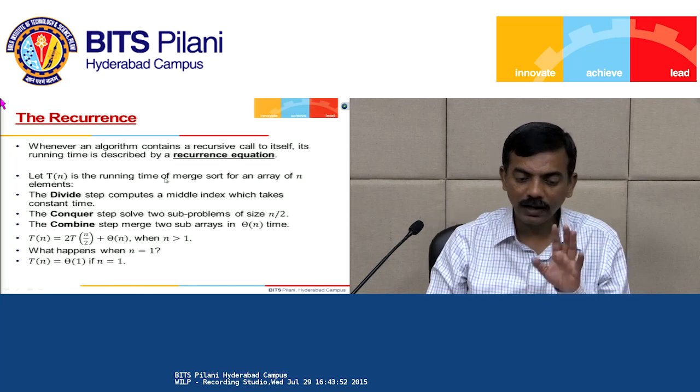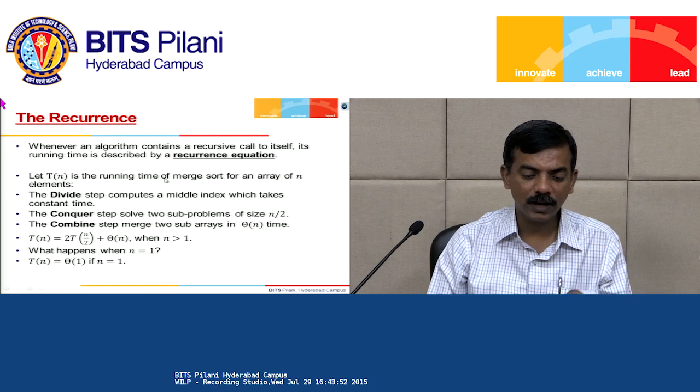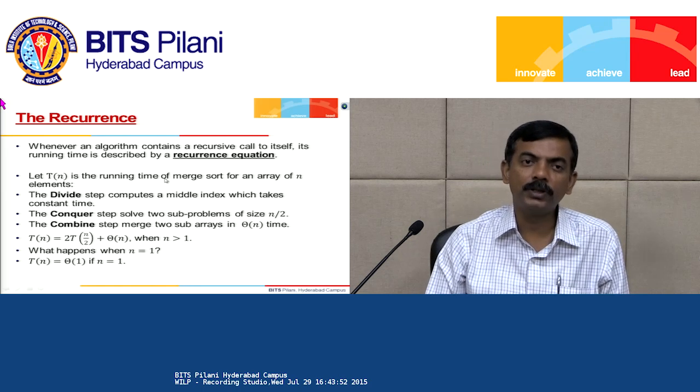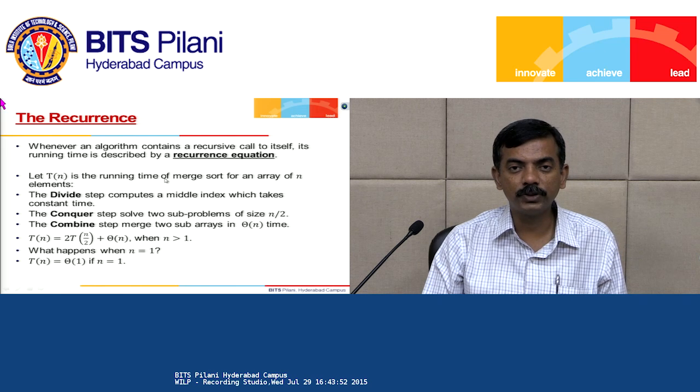Whenever an algorithm contains a recursive call to itself, its running time is described by a recurrence equation, or simply a recurrence. Let's say T(n) is the running time of merge sort for n elements to be sorted.